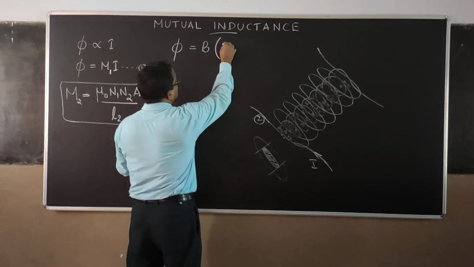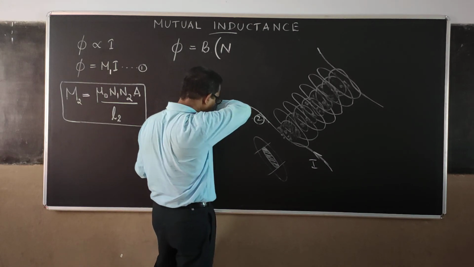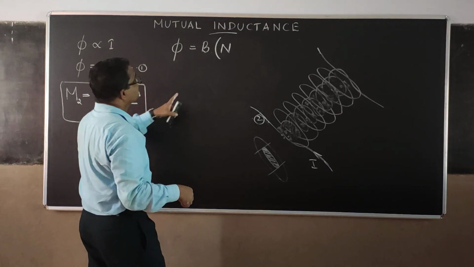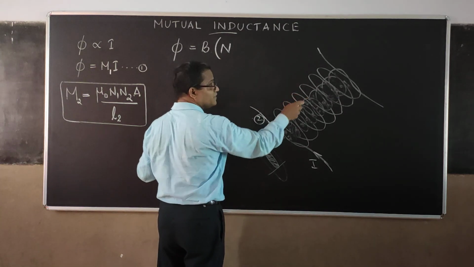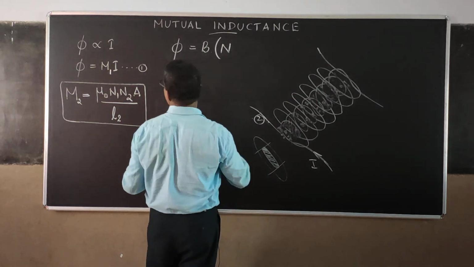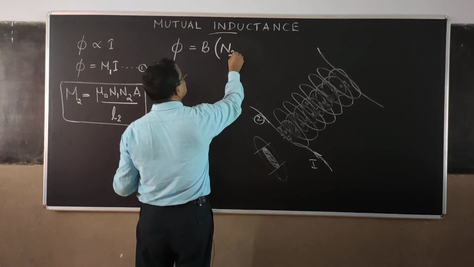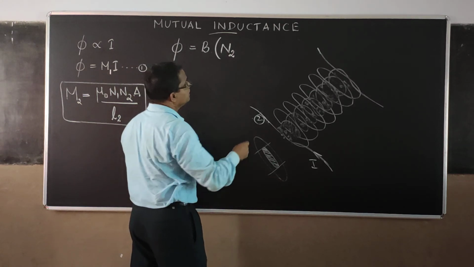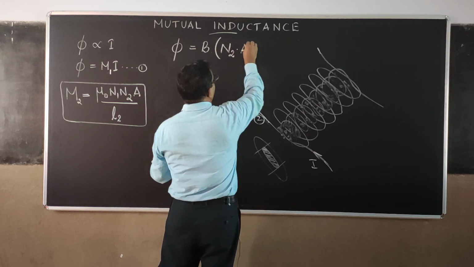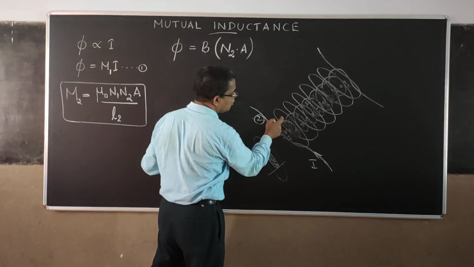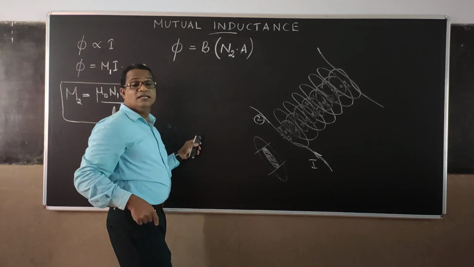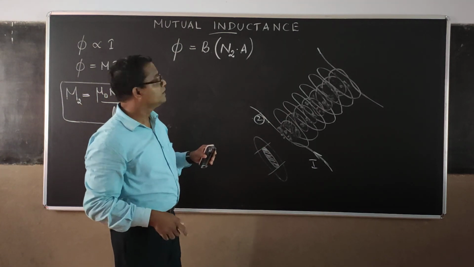That means N, where N is the number of turns of the outer coil, that is N2, into A. A is the same as the area of the inner coil because this same area of the outer coil is coming inside the magnetic field.